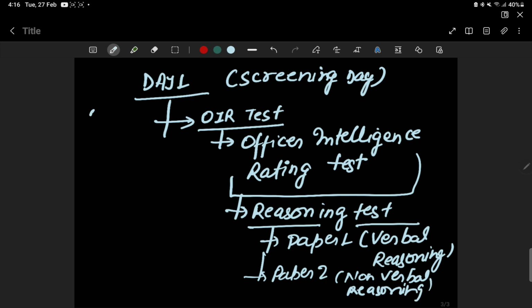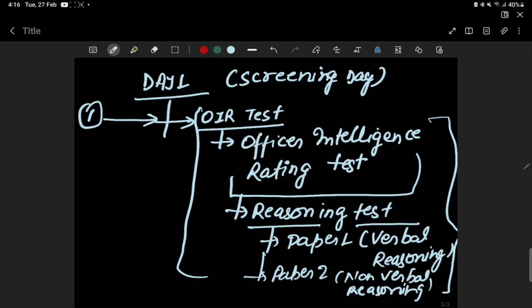So this is the first test on day 1, the OIR test. It is a non-verbal and verbal reasoning test.